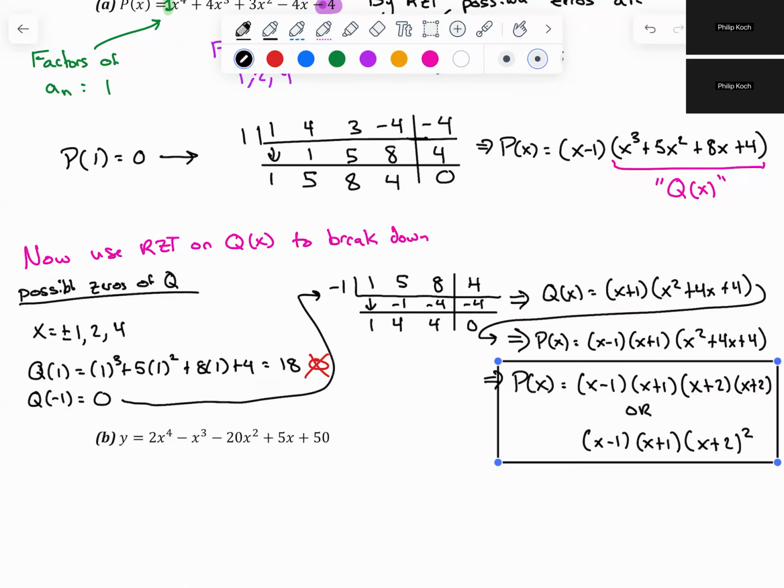Yes. Do you have to find multiple zeros, or is it like once you find one, then you're done? So once you find one, that'll help you break it down. And then you can use more to break it down further. So like you start with one of them to break down P in this case down into a linear term with a cubic, and then you'll work on the cubic to break that down.